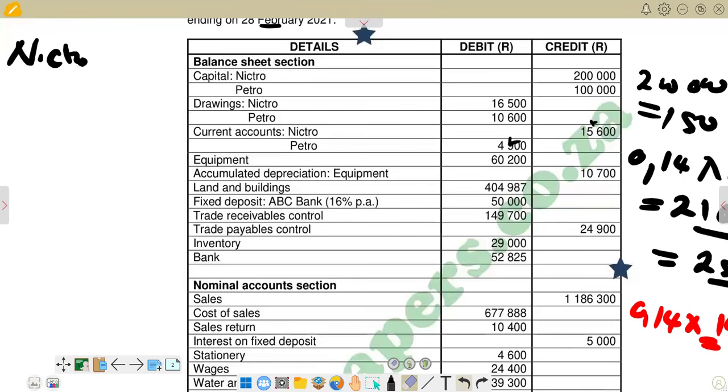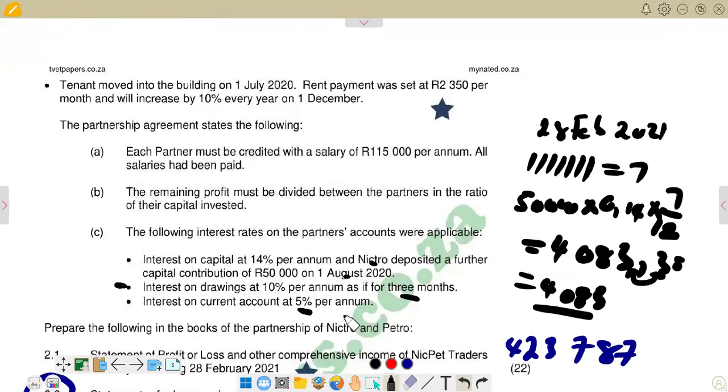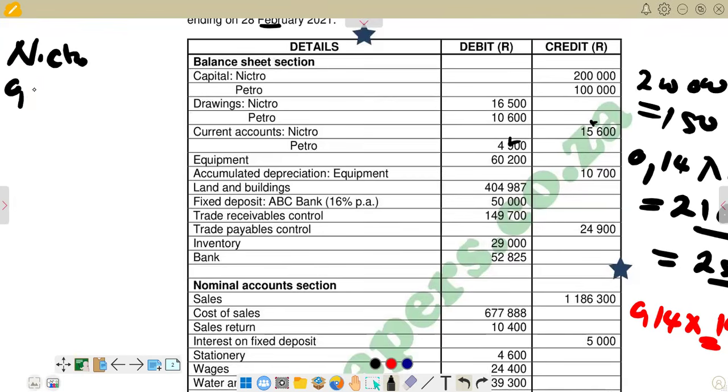Right. So let's start with the first one, which is 15,600, for Nitro. And remember, let's just cross-check the percentage. We have 5%. So 5% as a decimal becomes 0.05. So we say 0.05 times the amount that we're having there, 15,600. And then we get 708.